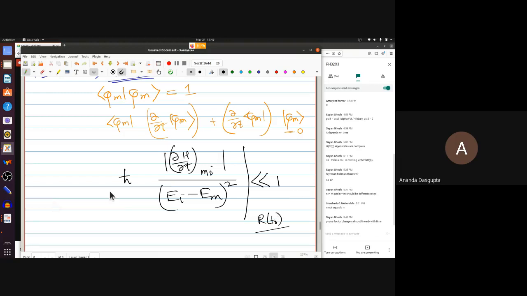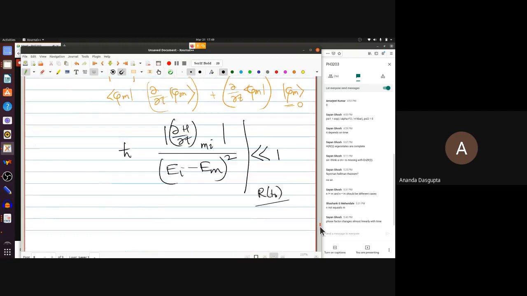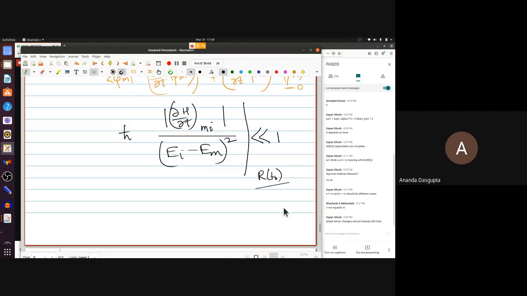If this condition holds, this is exactly what we mean when we say slowly changing with time. If this condition holds, you can show after you do the integration, which is trivial, and after a small amount of work, that CM(T) will stay very close to 0. In fact, it can be made as close to 0 as you want by making del H del T small enough, essentially if this quantity stays much less than 1.